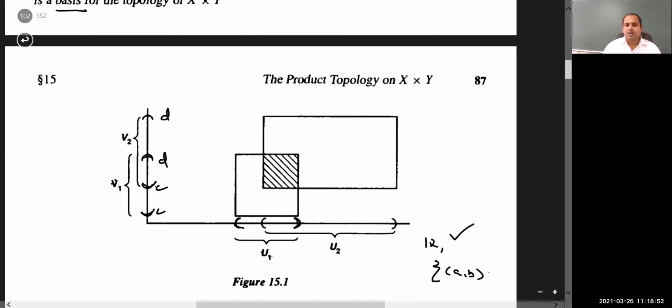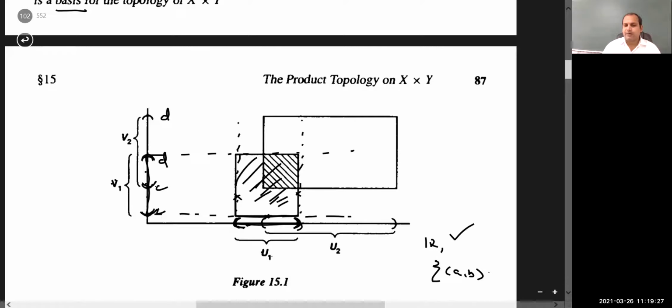Then you can see that this U1 means this one, and V1 means this one. So if you take their Cartesian product, both ends are open. Let me draw here, and similarly you can extend it here. So you can see that the Cartesian product will be this member, but these boundary points will not be included, because I have to take each x with all of the y here, and thus this whole portion will be there.